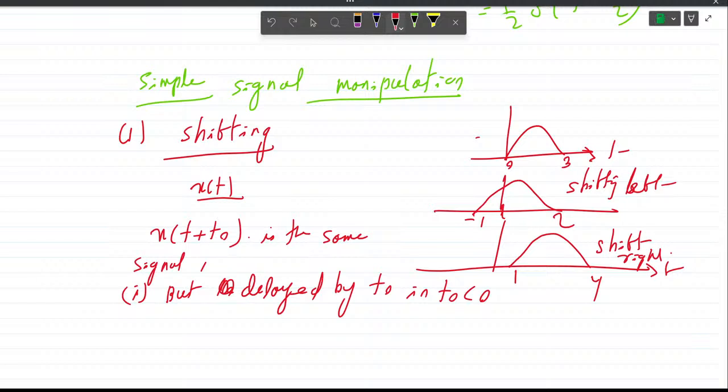This is called the delay. Shifting right means it's a delay. We delayed it. You just think yourself.